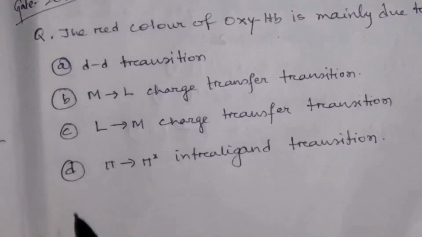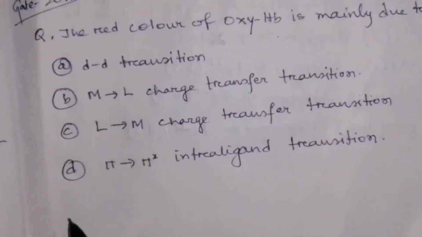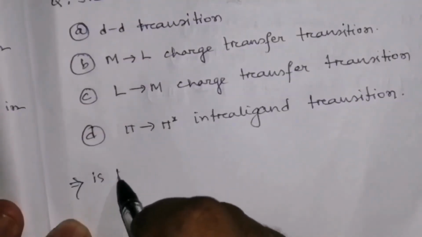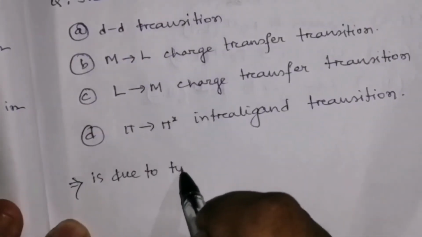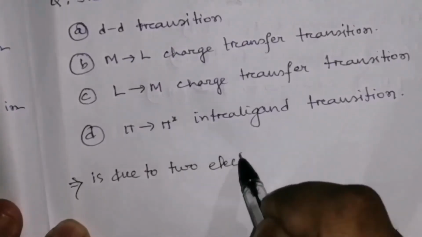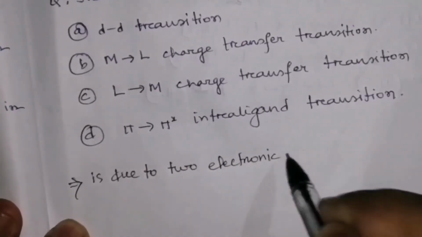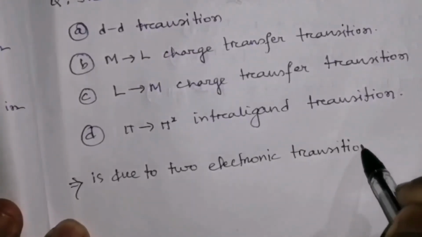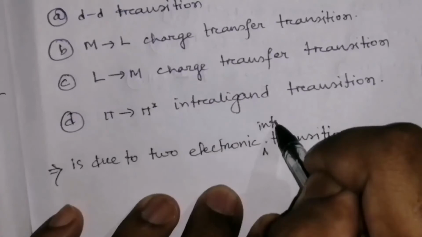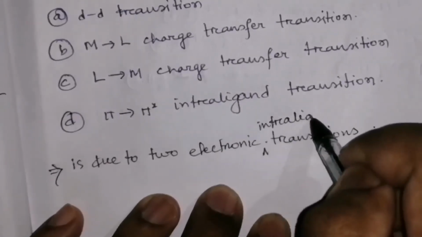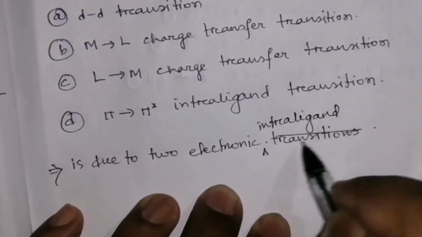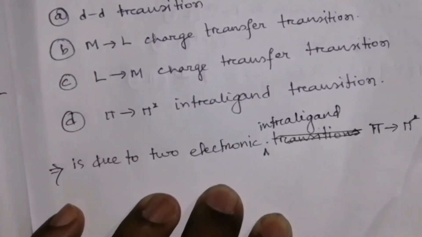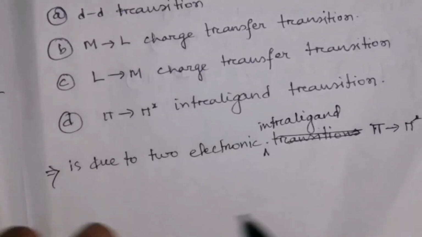So the red color that mainly appears in the oxygenated hemoglobin is mainly due to two electronic transitions, intraligand pi to pi star HOMO to LUMO transitions.